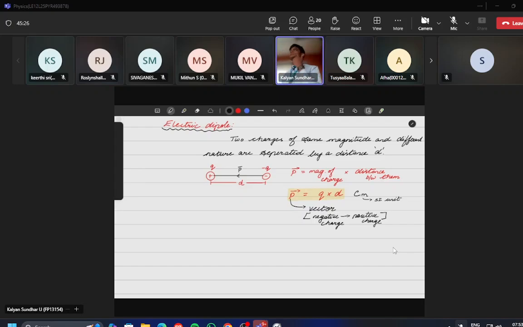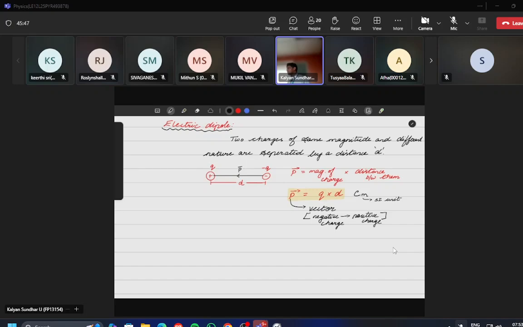Right? In school they would have said p into 2a, q into 2a. That is actually for some derivation purpose, they have taken the distance between them as 2a, so that half of it becomes a. But generally, it is always the magnitude of charge into the distance between them.